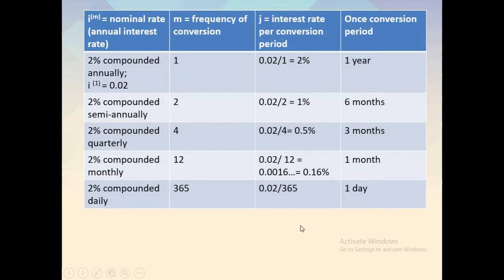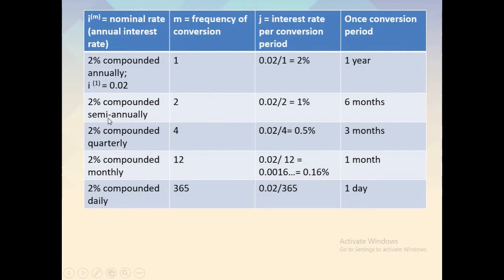Let's have in the second row, 2% compounded annually. i^(1) is 0.02. The frequency of conversion is 1. So 0.02 over 1 is 2%. Then the conversion period is 1 year.